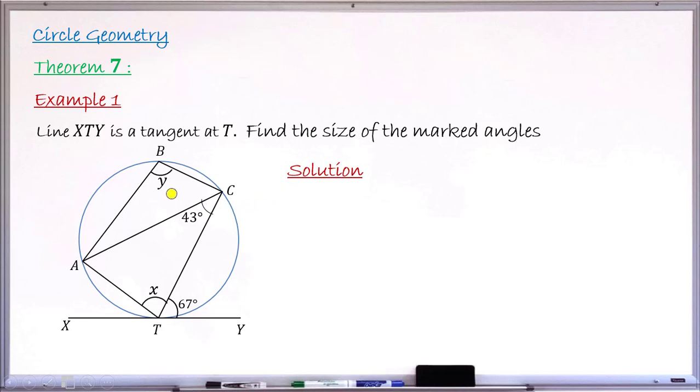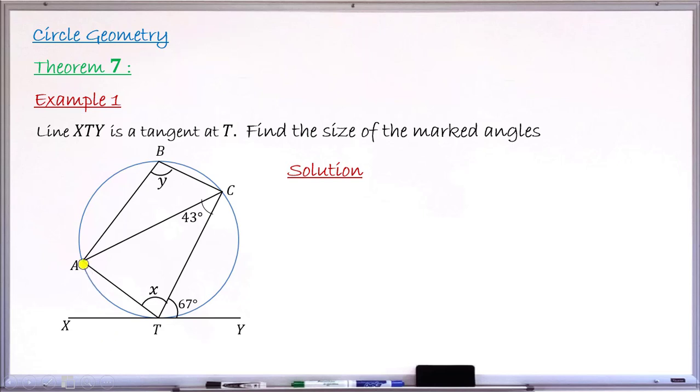So you look at the two angles x and y. Think which one you can find first, depending on the information you have in the question. If I wanted to find x, I can find x if I know this angle ATX. If I can find this angle ATX, together with this angle x and this angle 67, will give me angles on a straight line, and I know the addition of angles on a straight line is 180.